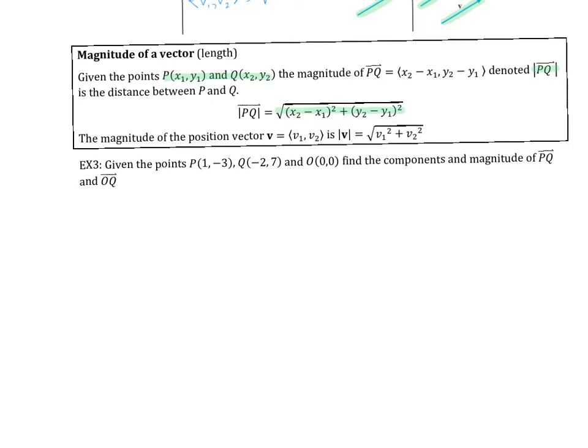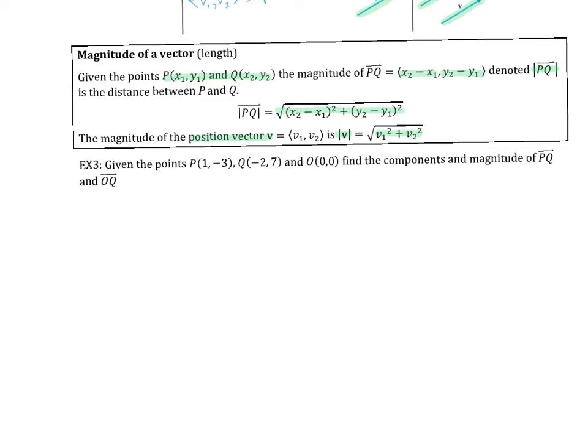Now when we compute vectors, we always figure out the components by head minus tail, head minus tail. If you have a position vector, that means its tail is at the origin, so its magnitude is simply the square of the components, add them up, and then take the square root.